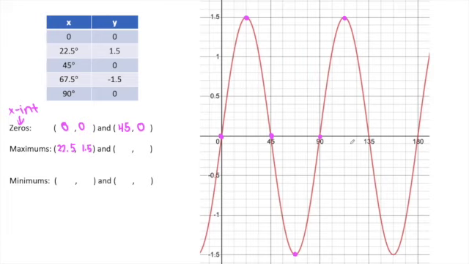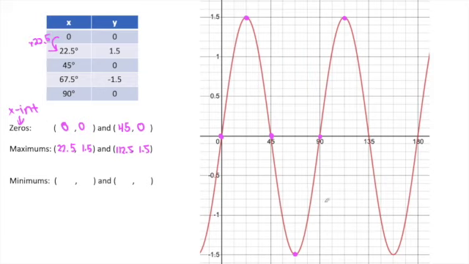You're just going to go 90 plus 22.5, so 112.5 and 1.5, okay? Because you're going up, each of these is going up by 22.5. That's how you can tell this is plus 22.5, okay?